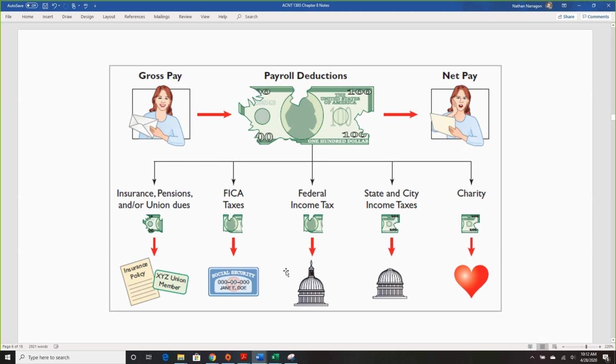So, our FIT is basically taken out, and this begins to help us pay our taxes when it comes to April 15th. I'll already tell you this, you have more power over how much comes out than anything. And that does not mean just doing a W-4. You can tell your payroll how much to take out. That's a given.